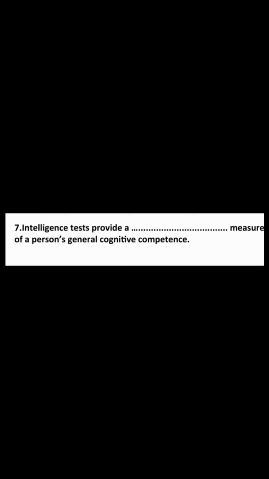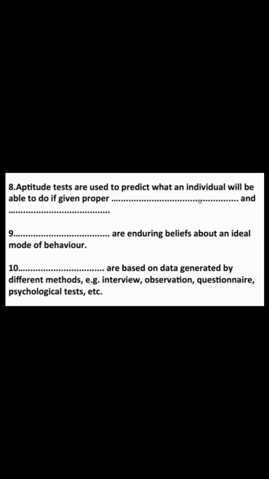See, now intelligence tests provide a dash measure of person's general cognitive competence. What do they provide us? Intelligence tests, they provide us what type of measure? A global measure, okay, which helps us to get to know about person's cognitive competence. Okay, students, now let's take up the other statements.